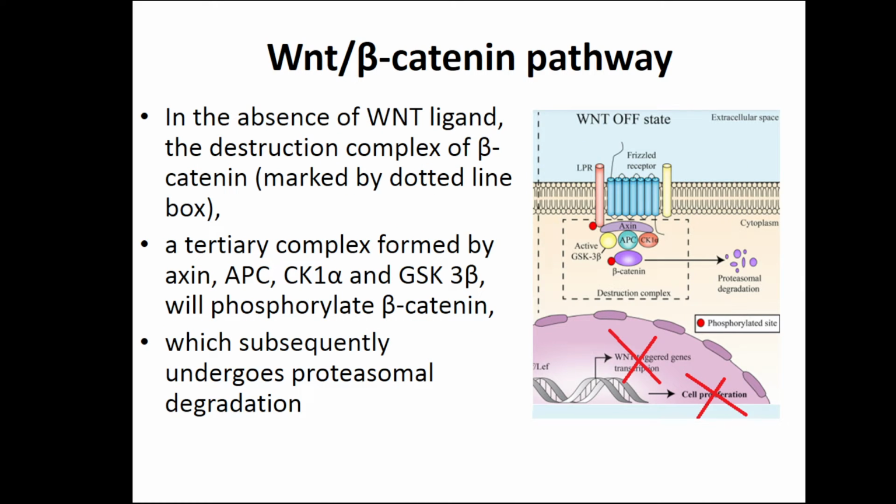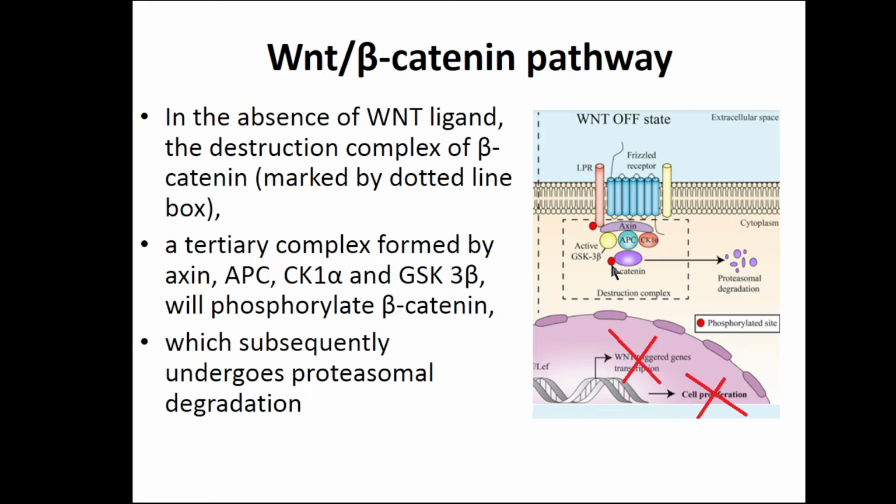Next slide shows us the Wnt off state. It means that when the signaling pathway does not work, target genes of this Wnt pathway are not expressed and cell proliferation does not happen. And here you can see Wnt, the ligand or primary messenger, does not come, does not connect with the receptor.